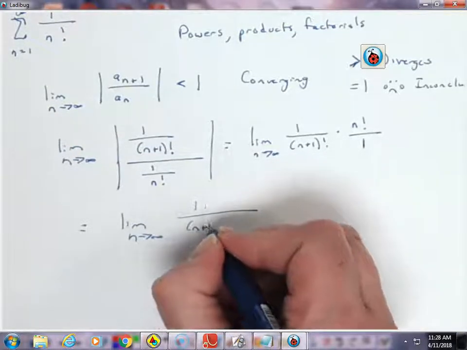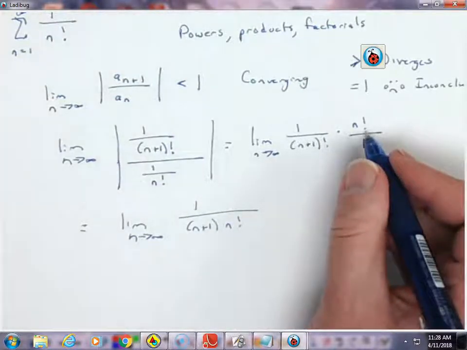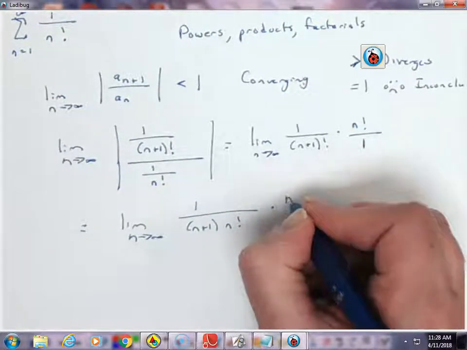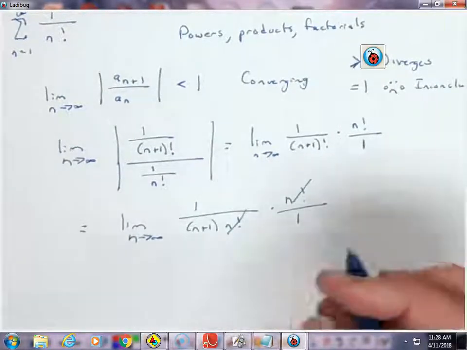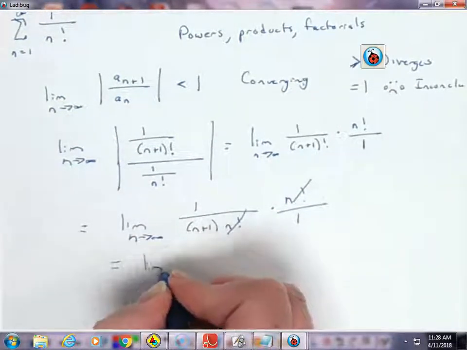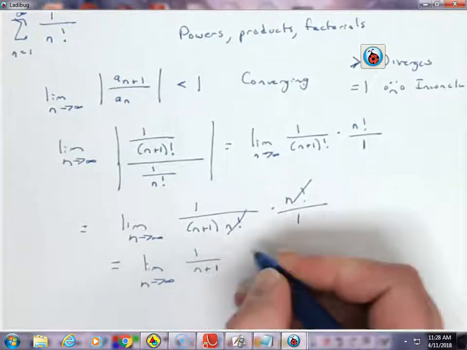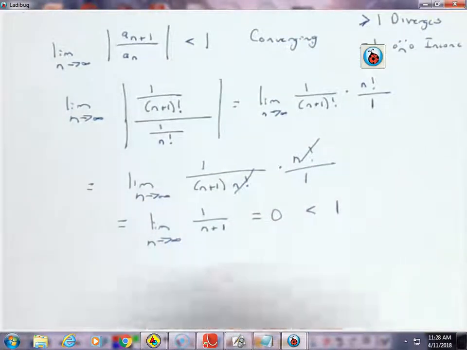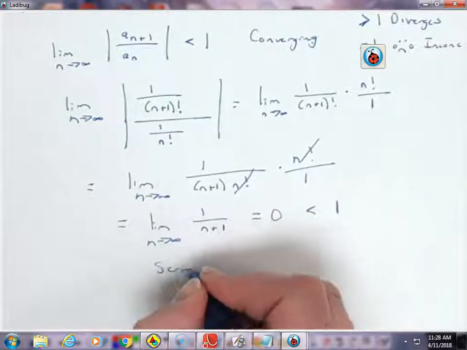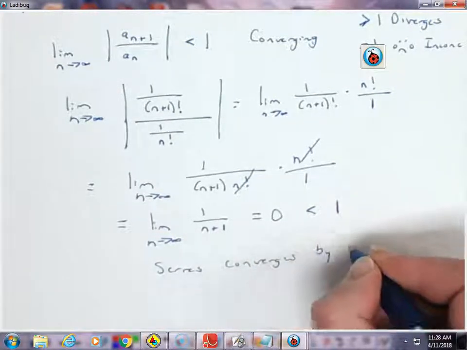So it would be n plus 1 times n factorial. You just keep going down until you reach something you can cancel out with. Beautiful. Okay, I can cancel that out, so I just get the limit as n approaches infinity of 1 over n plus 1. And that just goes to 0, which is less than 1. Woohoo! So this series converges by the ratio test.